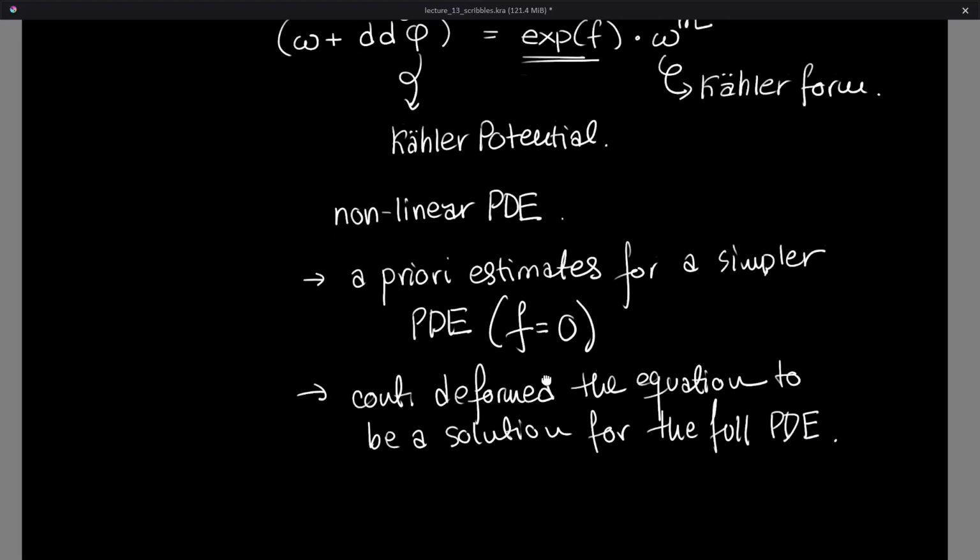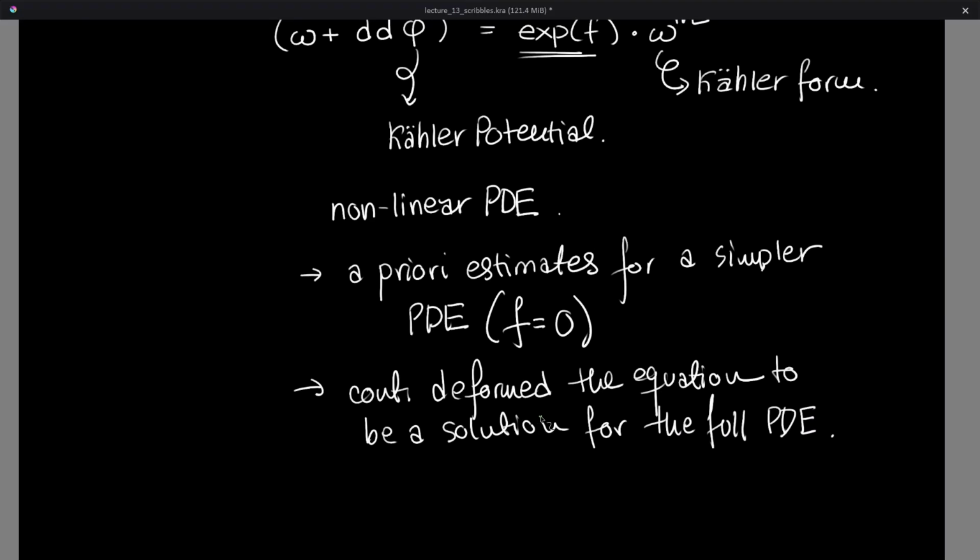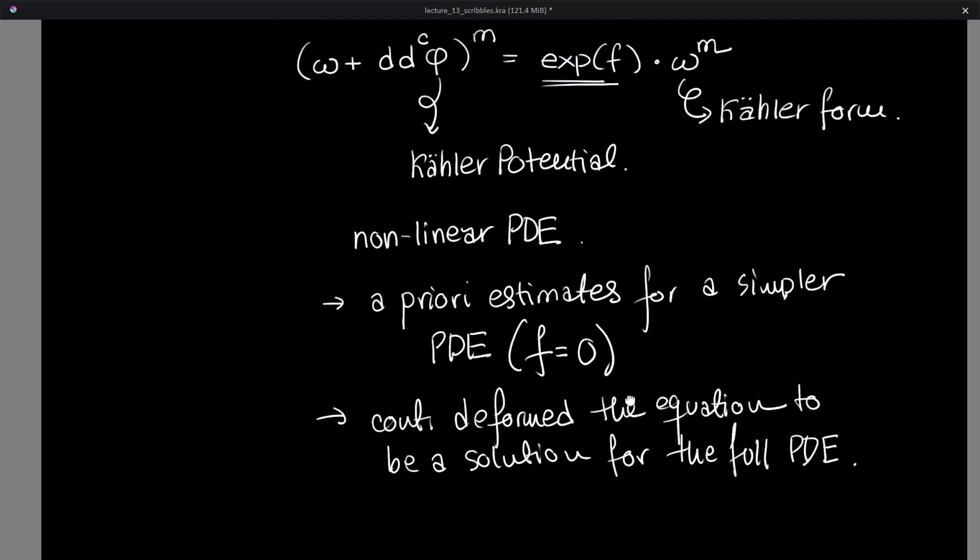And the way the proof is structured, if you have a solution for the easier PDE, then the continuous deformation ensures that it stays a solution when you deform the equation to the more difficult PDE. And so that's how Yau proved Calabi's conjecture, and that ended up in Yau's theorem.